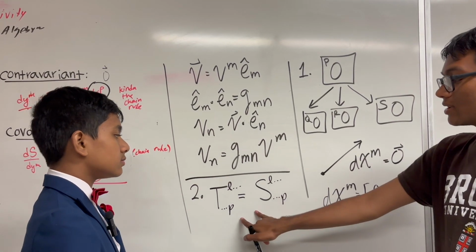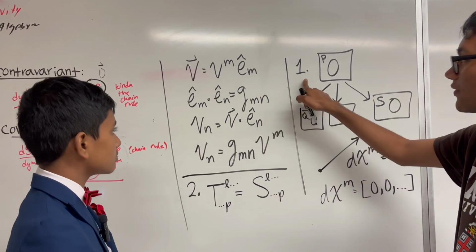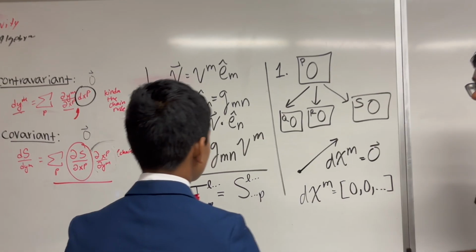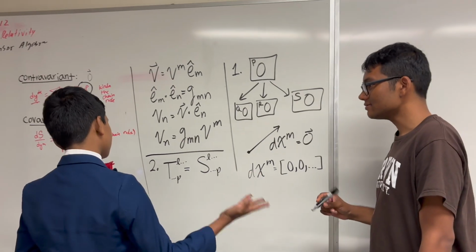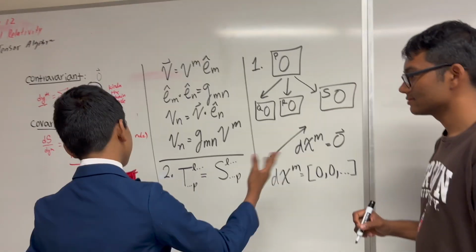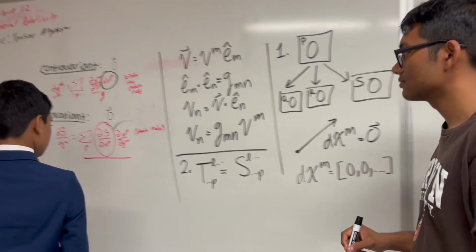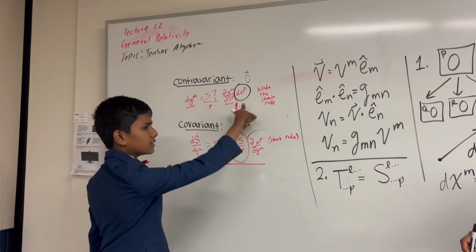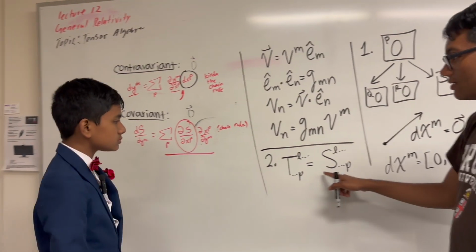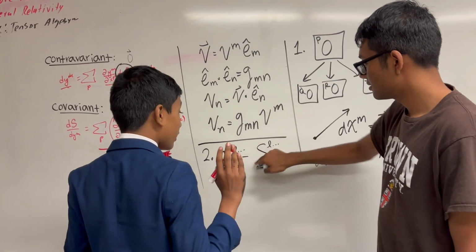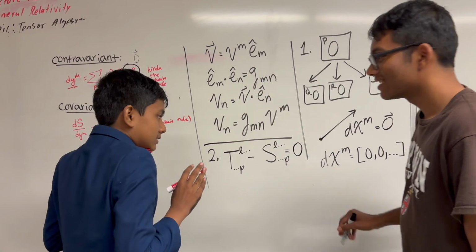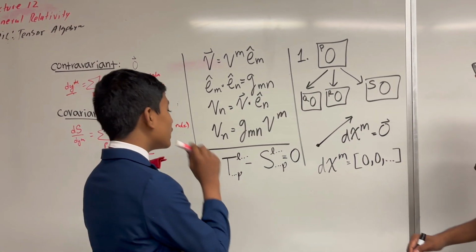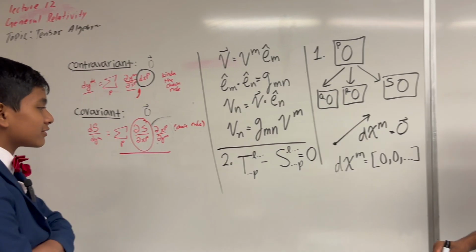Can you show why this is true from this? Well, this is just an extension of this, isn't it? Maybe it has something to do with this. That's extremely interesting.